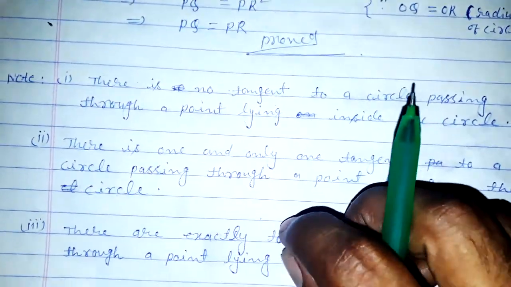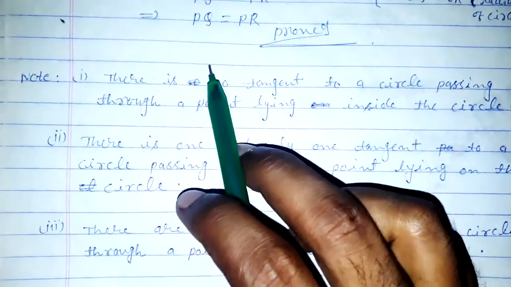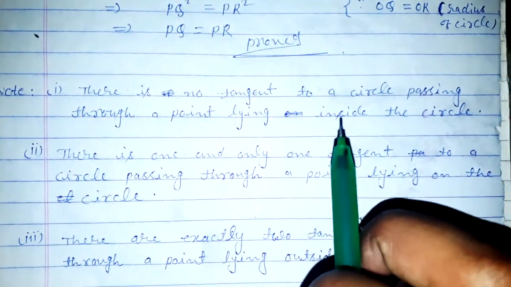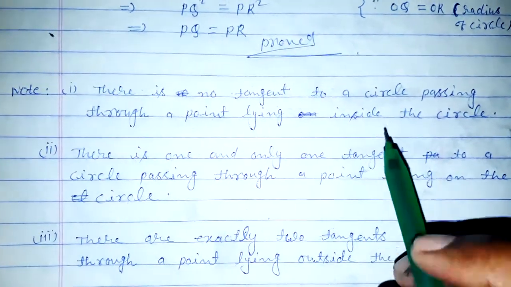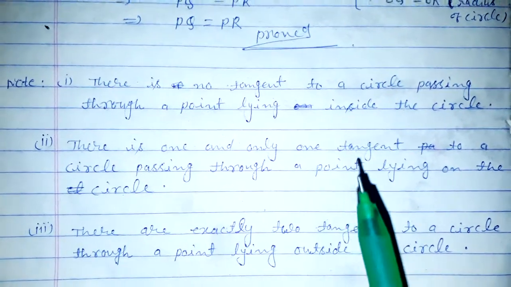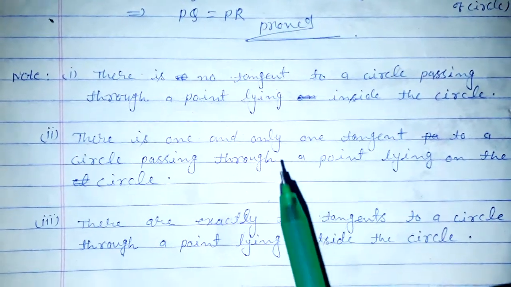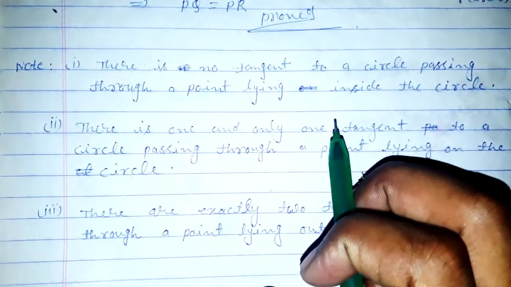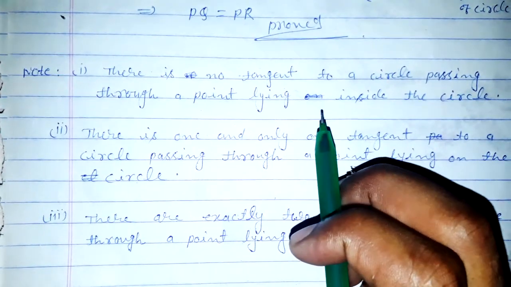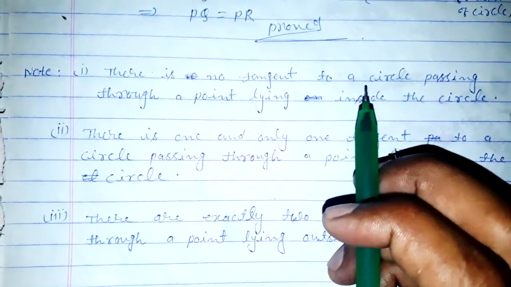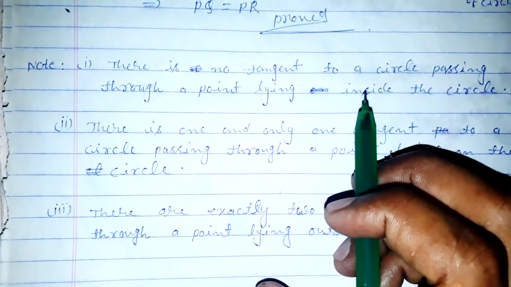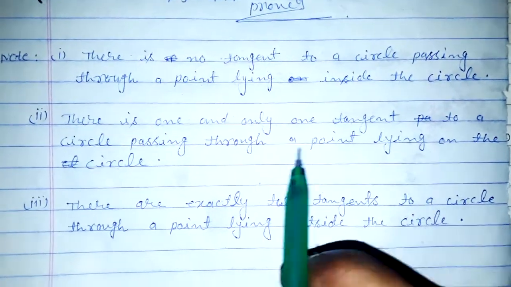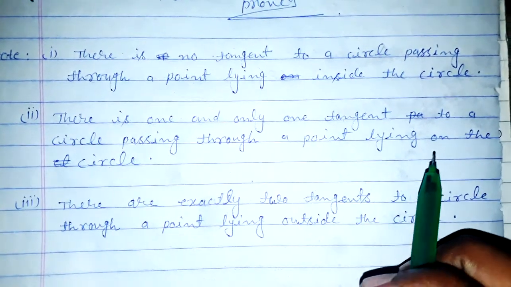And note the following. First, there is no tangent to a circle passing through a point lying inside the circle. If the point lies inside, then no tangent can be drawn from this point, because any line through this point is not a tangent, it is a secant. Second, there is one and only one tangent to a circle passing through a point lying on the circle.